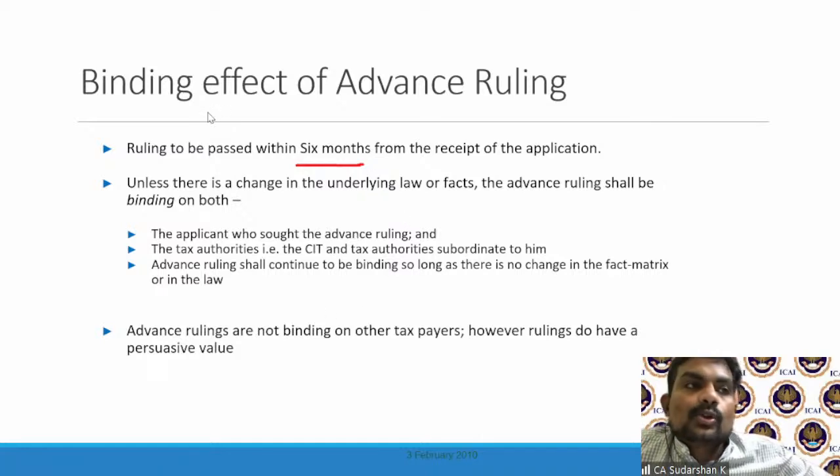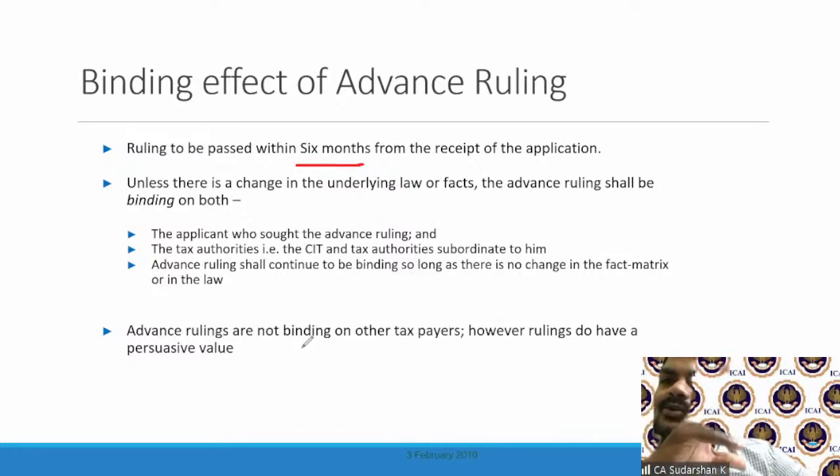Now, one more aspect that is very important is the advance ruling is binding only on the taxpayer. So, if I have an issue and I go for advance ruling, it is only binding on me. But it can also have a persuasive value, not a great binding value, in other cases.